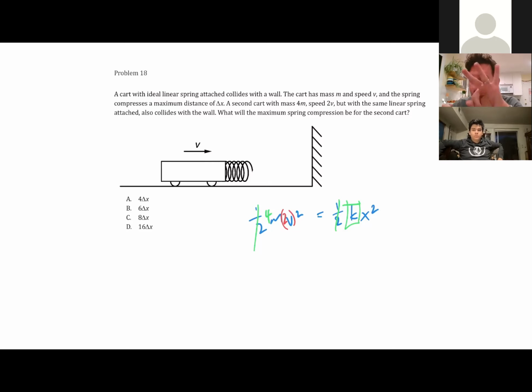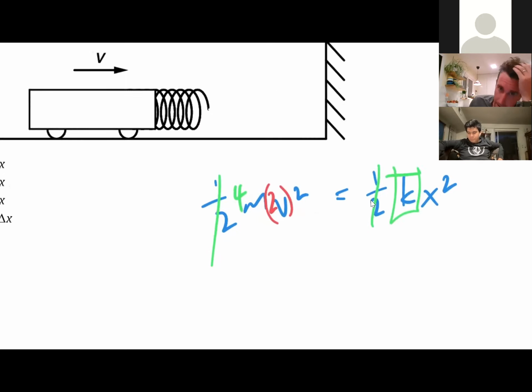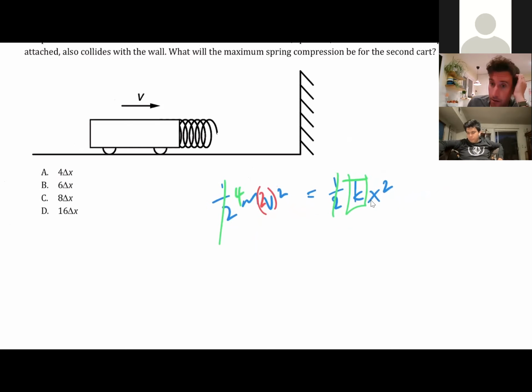Very, very close. You got the first 3 steps perfect. So where did I go wrong? At the very last step. I'm showing it on my screen. I agree, I think this is an energy conversion problem. I have 1/2 mv squared equals 1/2 kx squared, kinetic energy into spring potential energy. Then you have 4 times the mass and 2 times the velocity.